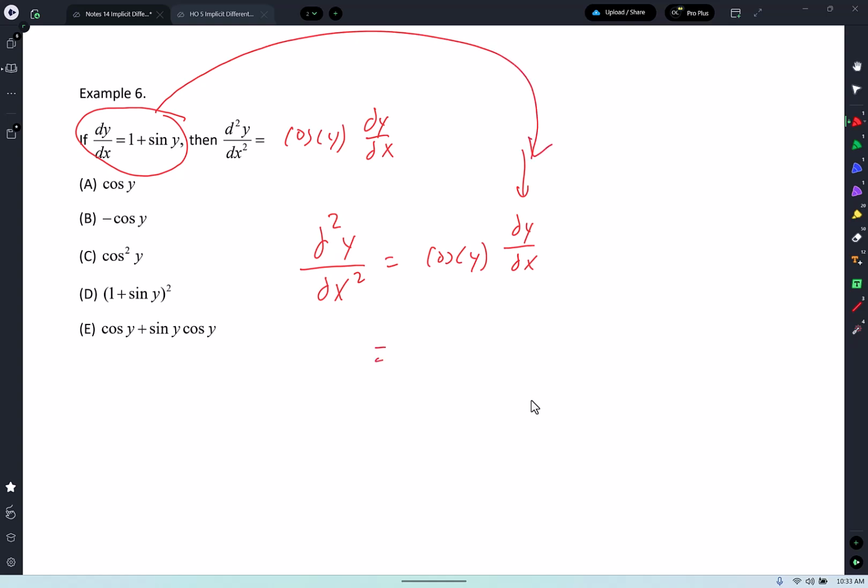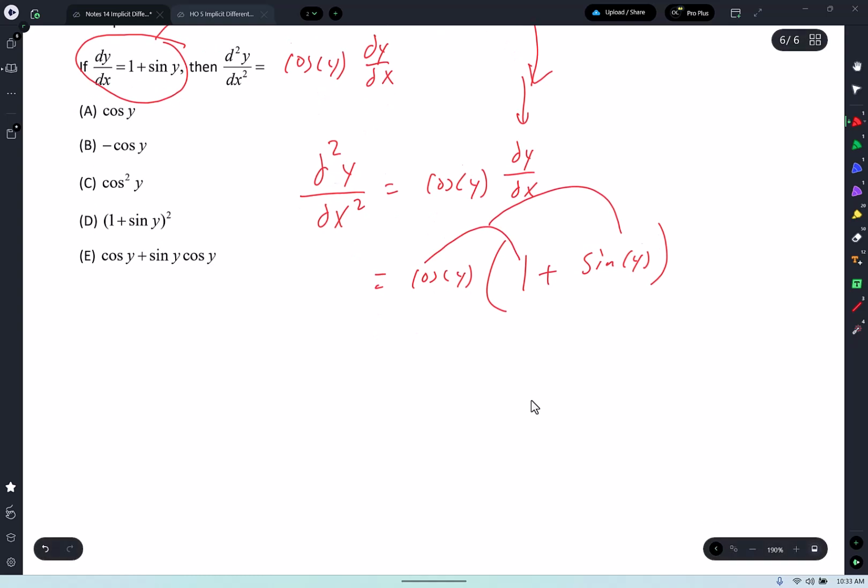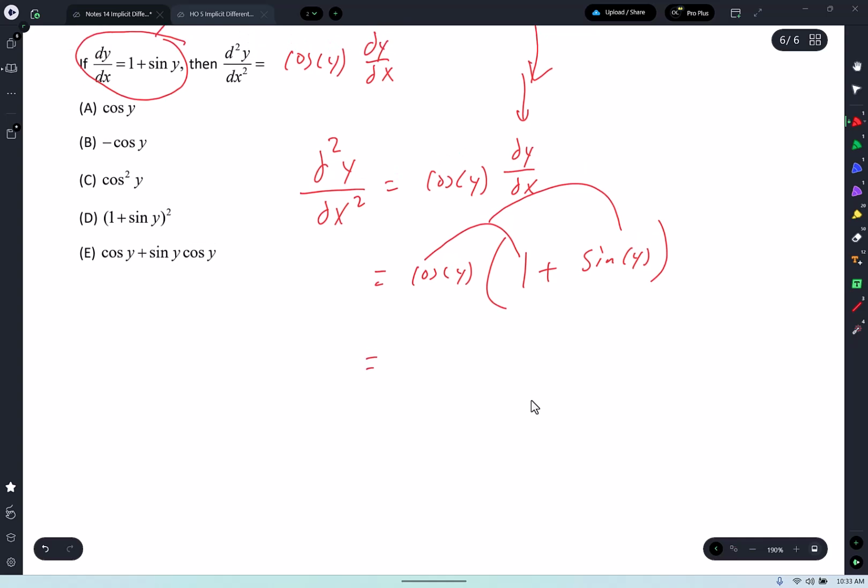So we're going to have cosine y times 1 plus sine y. Do I have to distribute? Yeah. We're going to have cosine y plus cosine y sine y.